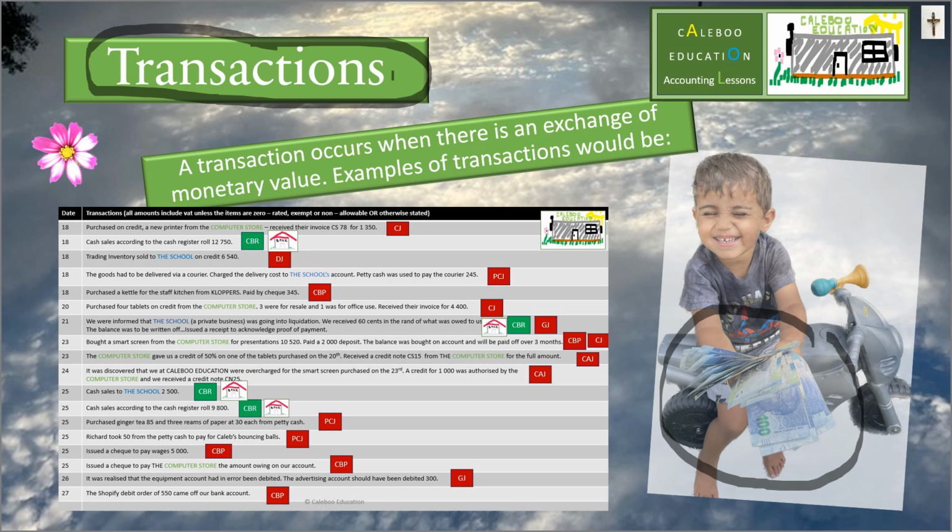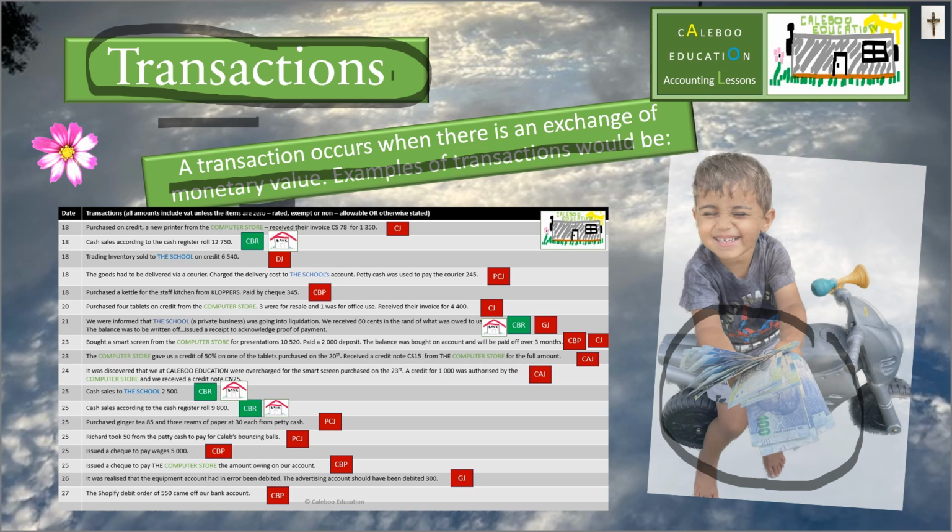A transaction occurs when there's an exchange of monetary value, or if an item that the business owns changes in value. For example, if you have a delivery vehicle, it will depreciate over time, so there will be a change in value. But when there is an exchange of monetary value, that is the definition of a transaction.